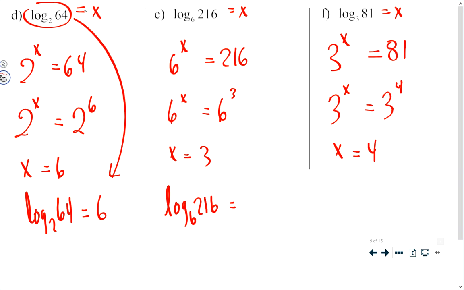If you know that that's the exponent to which you raise 6 to get 216, then you figure out that 6 cubed gives you 216, which means the logarithm is equal to the exponent of 3. If I said to you, what is log base 3 of 81? Well, you're saying, to what do I raise 3 to get 81? The exponent is equal to 4.